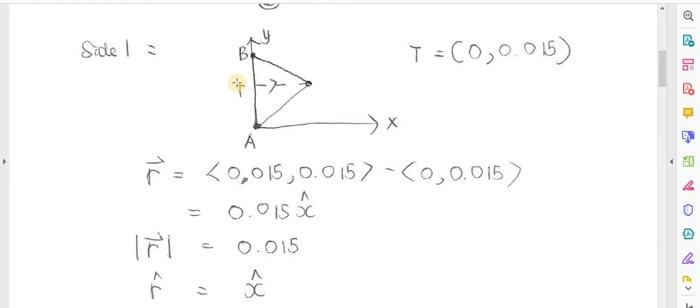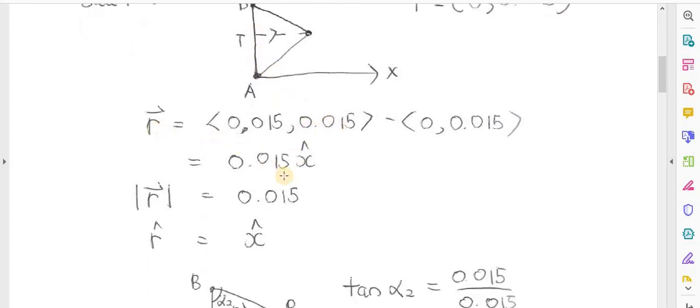Point T is 0.015 right here. So I will get my vector R equivalent to this one, and the magnitude of vector R will be 0.015, and the unit vector R will be x.